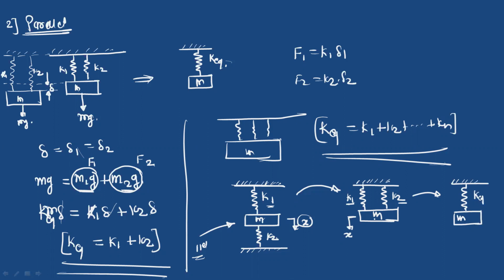So for all this system, the displacement of mass M must be the same, and this K equivalent you can find out by this relation. Just add the individual stiffnesses, and you will get the K equivalent. So this is how you can convert a multi-spring system into a single spring.